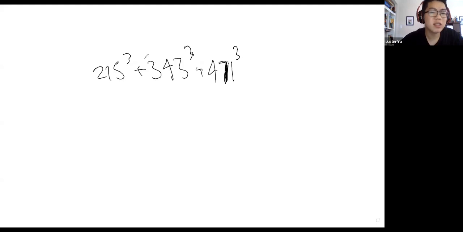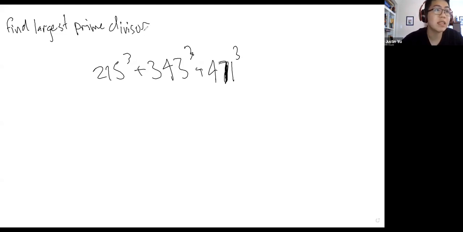Right, estimation. You don't want to estimate because I'll also make a note. Find largest prime divisor. This is our goal. And if we're finding prime divisors, we need to be exact. Go to next question, look at the answer key. Those are excellent ideas that would give you the answer, just not in the competition.